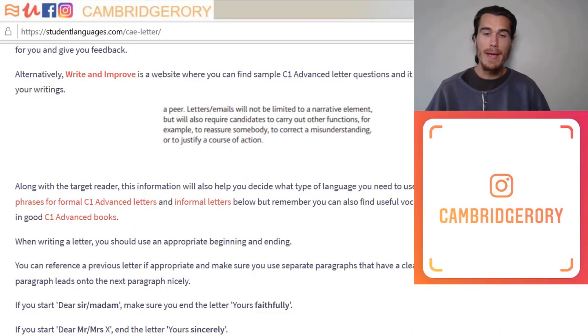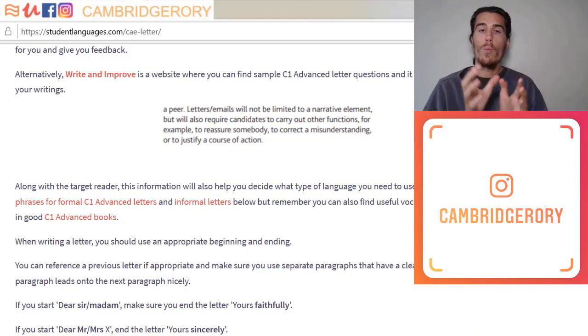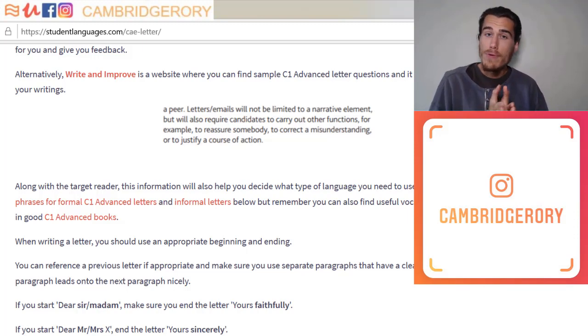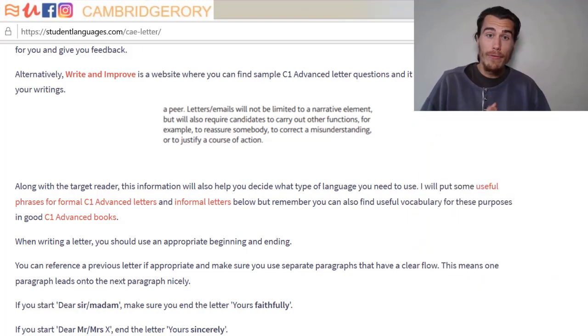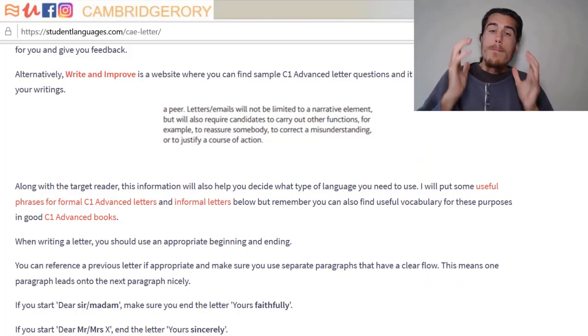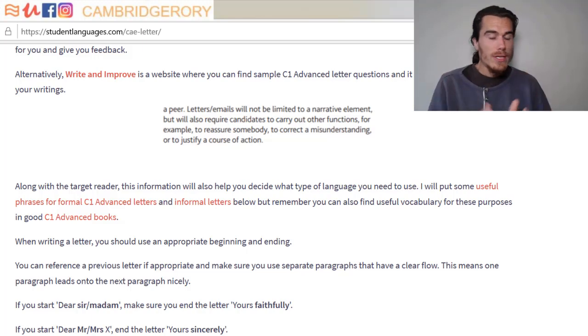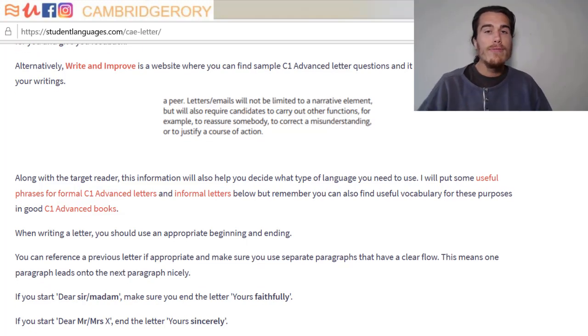Okay, and the second main piece of advice, which I will read from the Cambridge English Advanced Handbook for Teachers, is that in letters and emails as well, you might need to reassure somebody, to correct a misunderstanding, or even to justify a course of action.